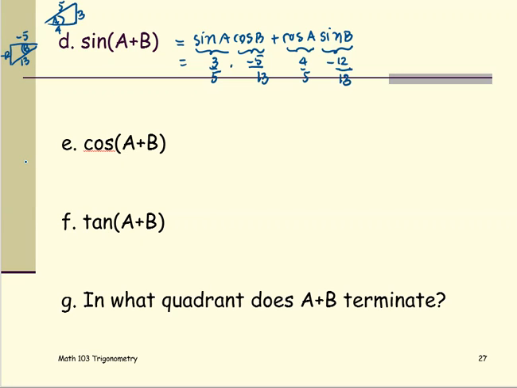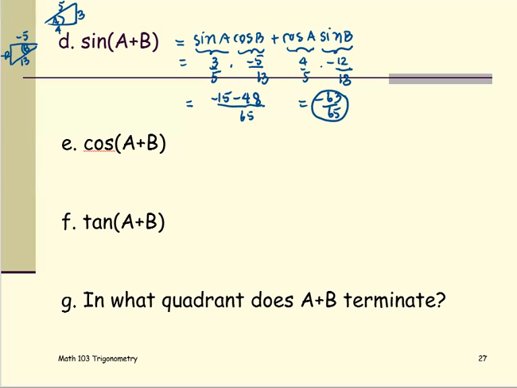Now we're going to simplify the numbers. Both products have the common denominator 5 times 13, or 65. So the numerator will have the sum of negative 15 and negative 48. And that comes out to be negative 63 over 65 as the exact value of sine of the sum of A and B.